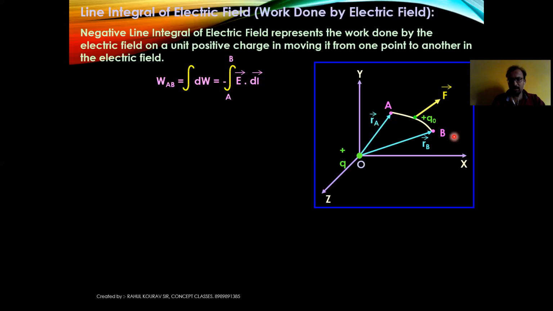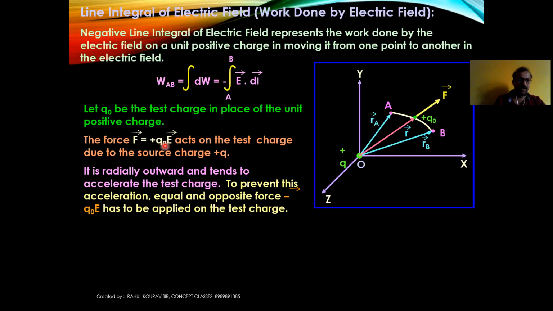Here q naught is a test charge, and this may be the direction of force. Because the nature of the test charge and this plus q charge are both positive, the electrostatic force will be repulsive in nature, so it will move away. So this is the position vector r of the test charge.